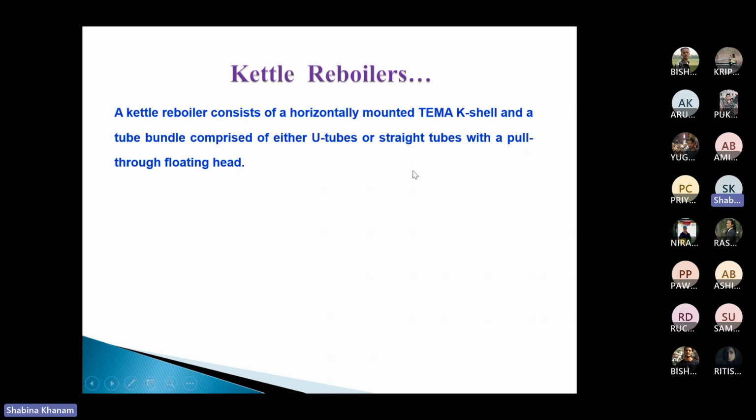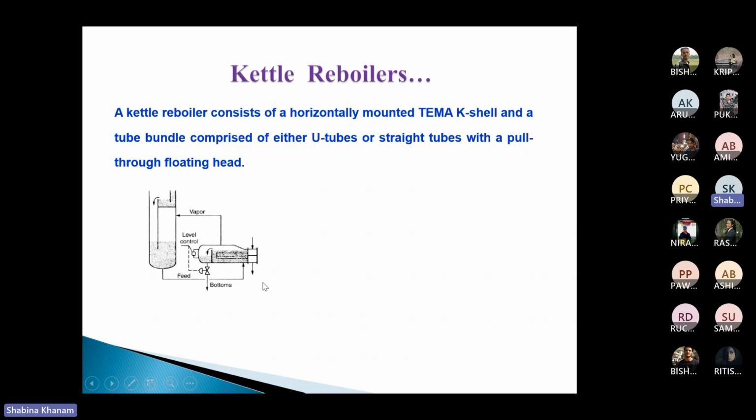In continuation to that, we have the TEMA K shell as well. So this is the kettle reboiler, and the tube bundle comprises either U tubes or straight tubes with a pull-through floating head, or internal floating head.